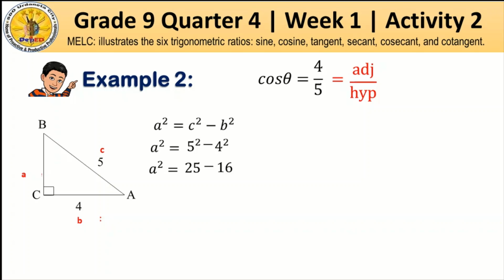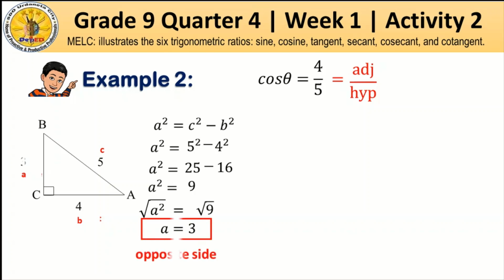Subtracting 16 from 25, we will obtain the value of a squared, which is equal to 9. Extracting the square root of both sides of the equation will give us the value of a, which is equal to 3. Then we can say that the value of the opposite side is 3.